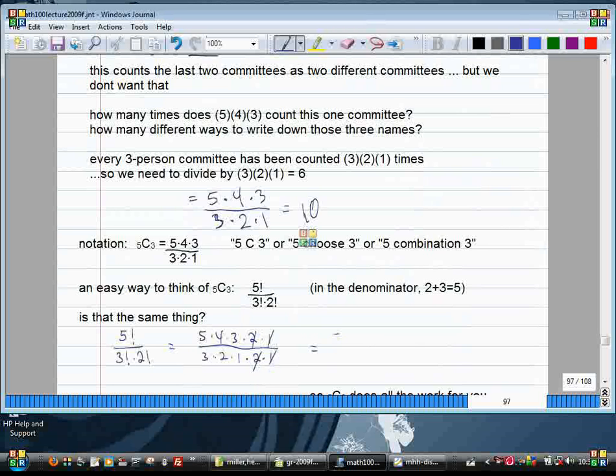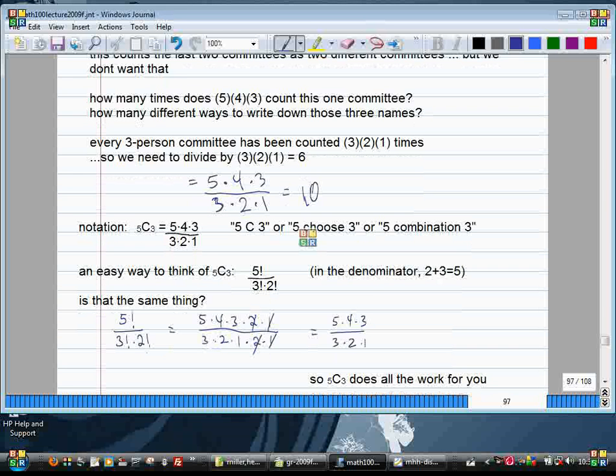And what are we left with? 5 times 4 times 3 divided by 3 times 2 times 1, which is exactly what we want. So 5C3 does all the work for you.